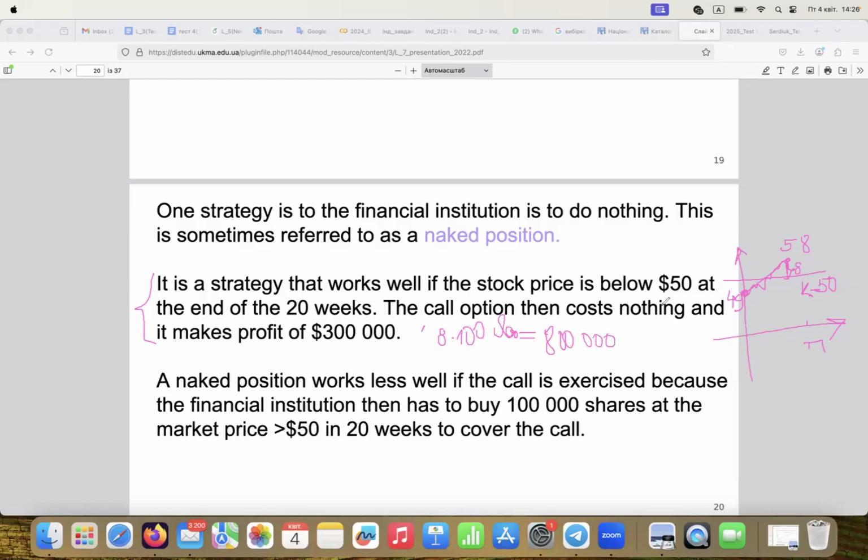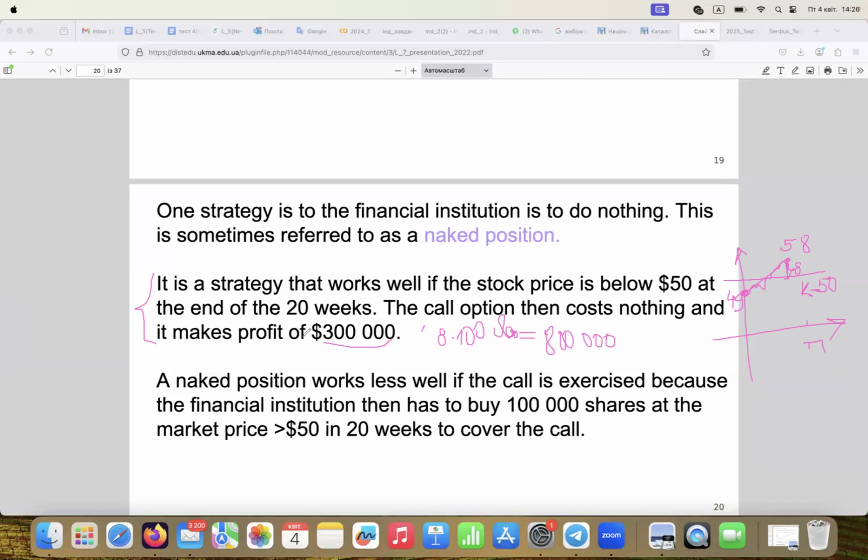But all these people who bought this call option, they paid how much? Everyone who bought. What was the premium? 300,000. Yes, 3 for $1, but yes, for every 300.